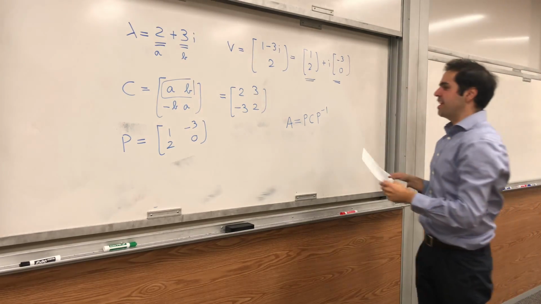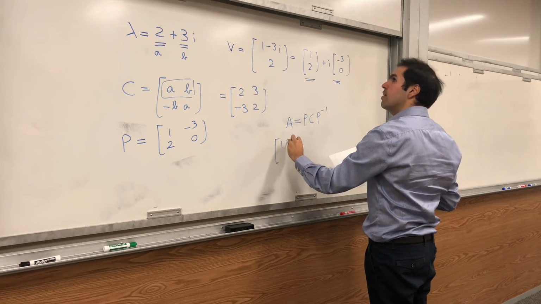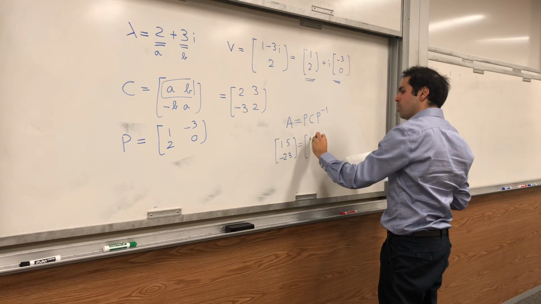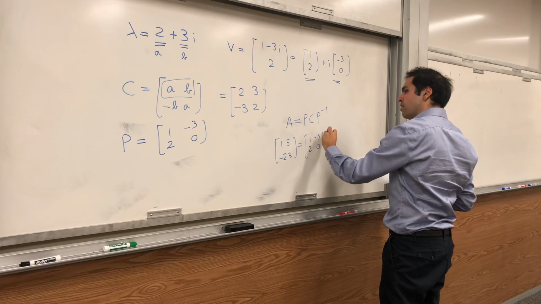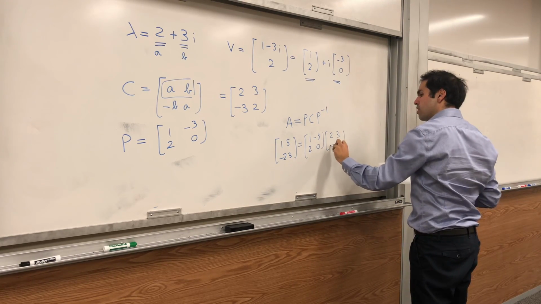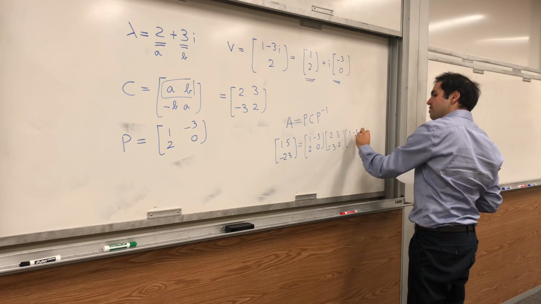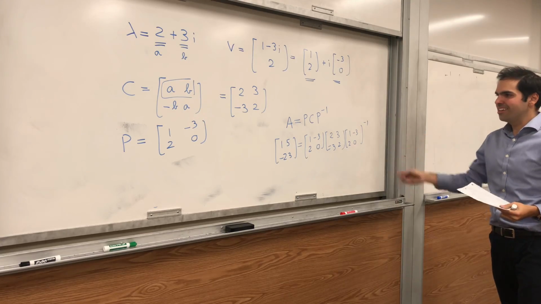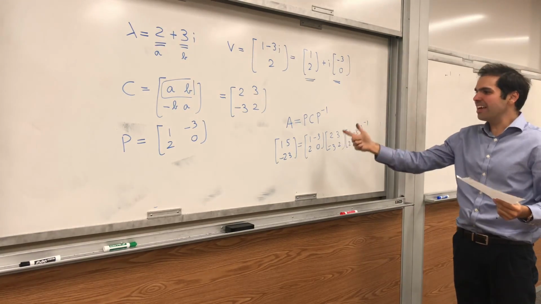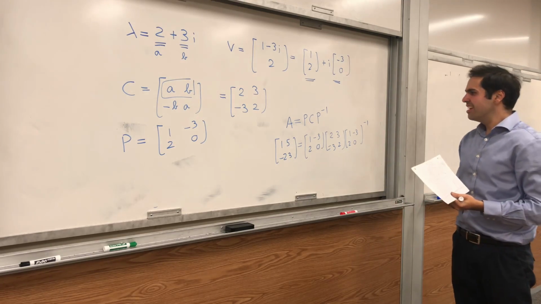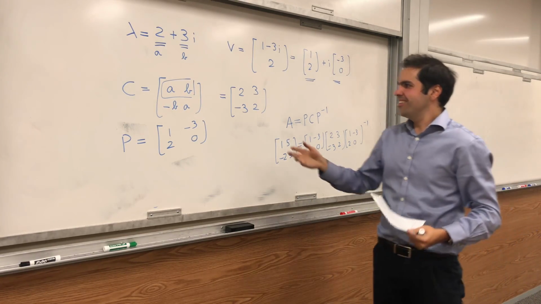So your matrix A, which was 1, 5 minus 2, 3, is actually equal to 1, 2 minus 3, 0, 2, 3 minus 3, 2, and 1 minus 3, 2, 0 inverse. How cool is that?